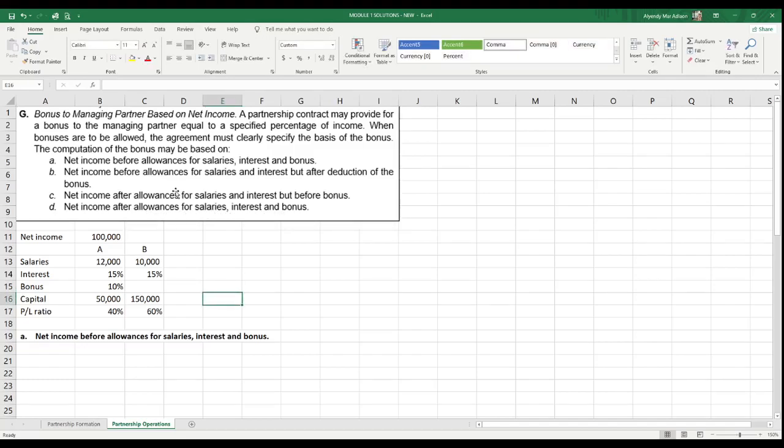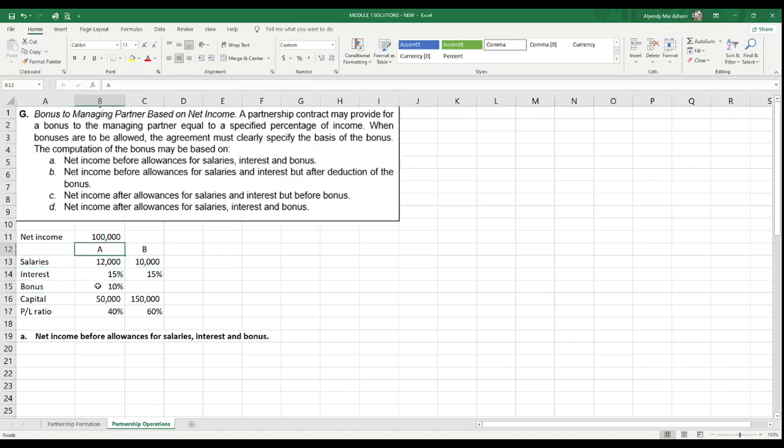So how are we going to compute this? Assuming that A and B form a partnership and they have a net income of 100,000 pesos. Assume that A should receive a salary of 12,000, B 10,000, and for the interest on their capital, we have 15% for each.